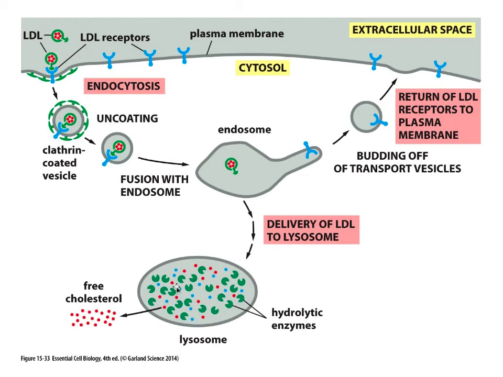Either way, the end result is that as the content of the lysosome begins to take action, the protein shell is digested away, releasing within it the cholesterol molecules, which are then small enough to be absorbed through protein transporters that are embedded in the membrane of the lysosome. And then for the first time, those chemical molecules are found in the cytosol of the cell, and then they can be used to drive other biochemical processes that the cell needs.